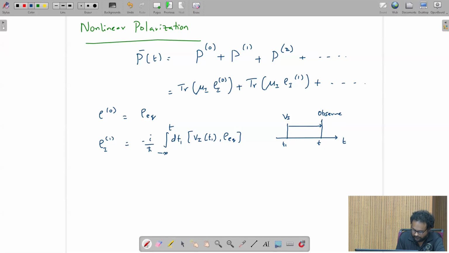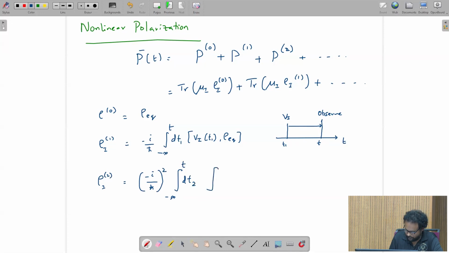Second order expansion. Similarly, minus i over h bar squared, integral from minus infinity to t, then to t2, time ordering is important. We have a nested commutator now.